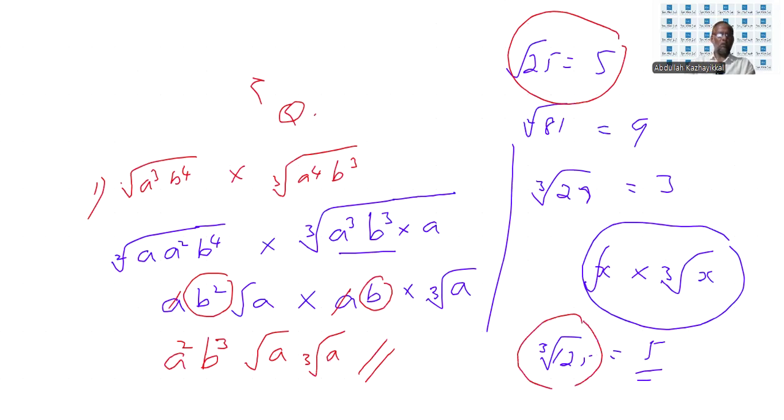And one more question you can try. Square root of A to the power of 9, B to the power of 5, into, again, cube root of A cube, B raised to 4. Only one question. You have to do this one. You know, math is learning by doing.